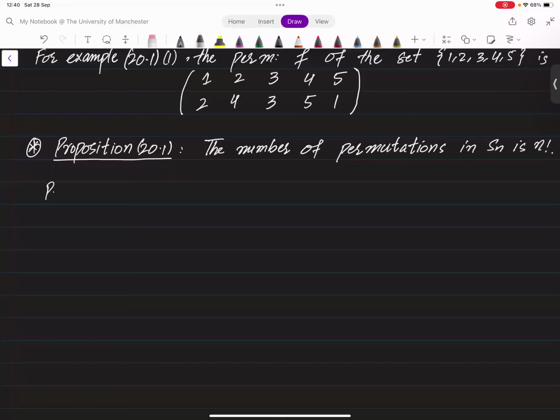And we can prove this by using the multiplication principle and proposition 16.1.